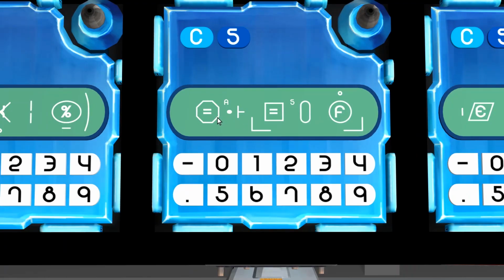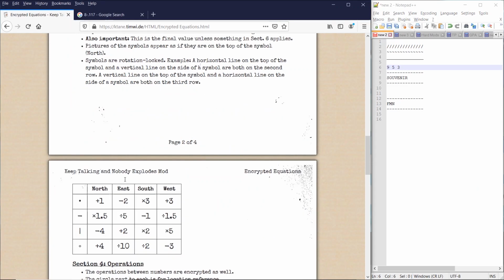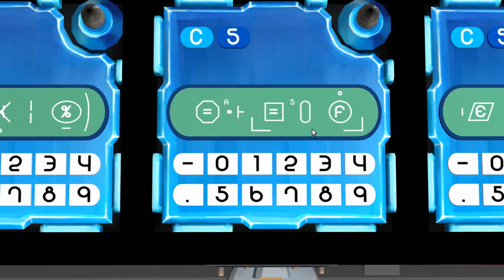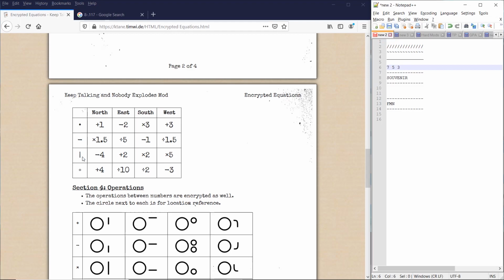The shape surrounding the symbol, so for the first value, there's going to be a filled dot to the east of it, and a filled dot to the east, we're going to subtract 2 from the value. This one does not have any symbols around it, so we skip this one. And this one has an empty circle north of it. And an empty circle is going to be adding 4 to give us a 7.